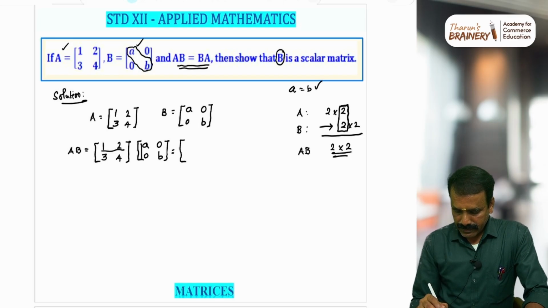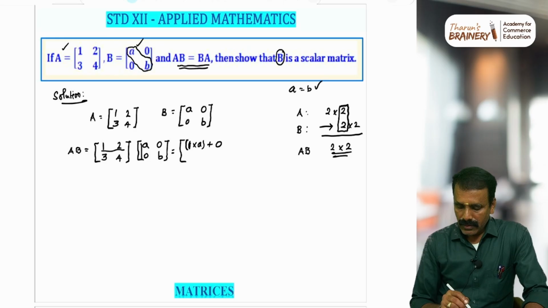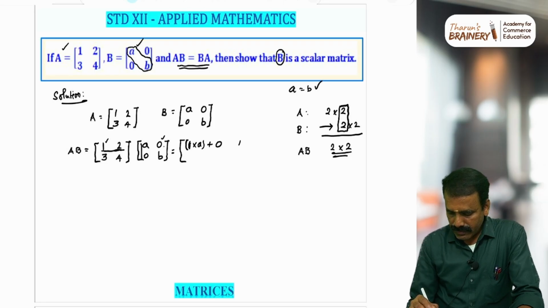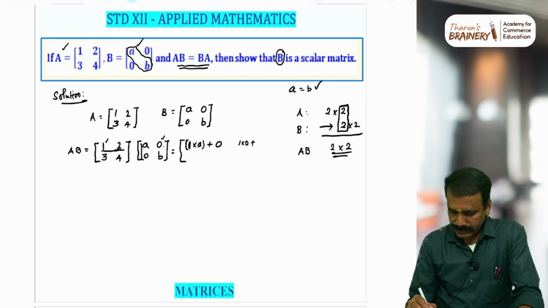So what you will get? 1 into a. First element is multiplied with the first element. 1 multiplied with a. 2 multiplied with 0. So it is going to be 0 naturally. Okay. Next, first row multiplied with the second column. So first element is multiplied with the first element. So 1 into 0, 0 plus 2 into b, 2b.